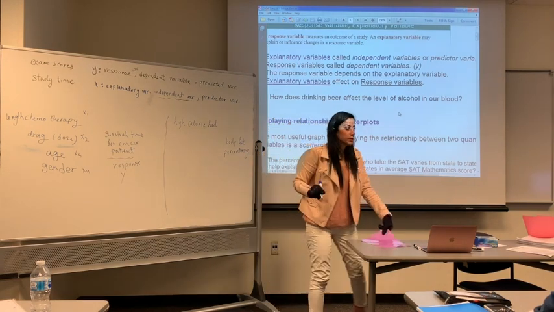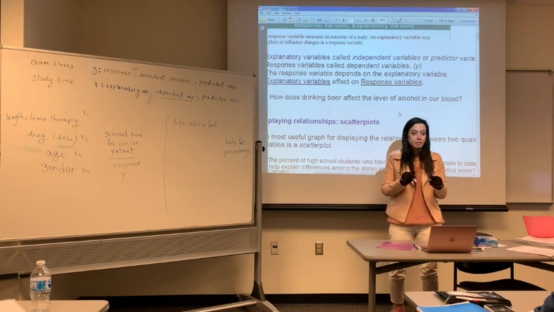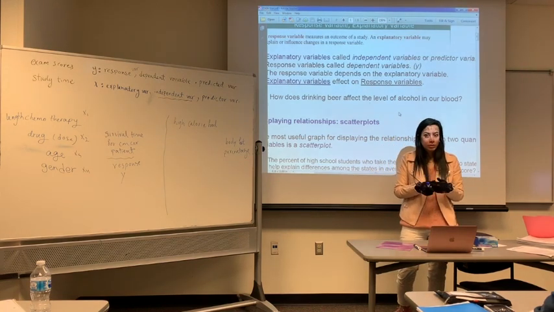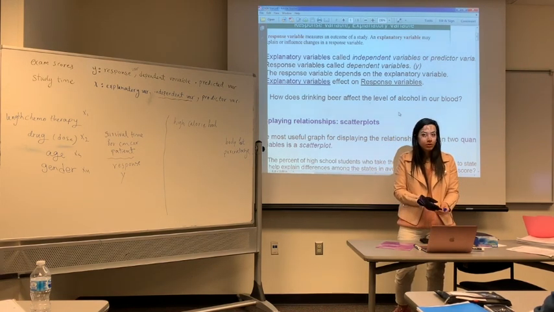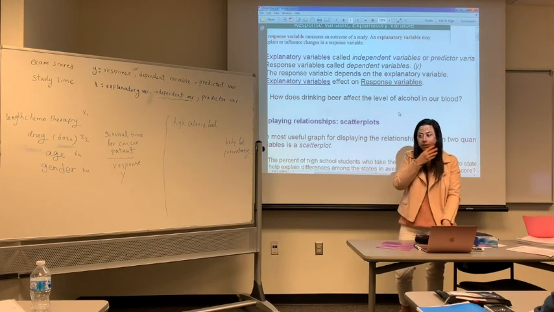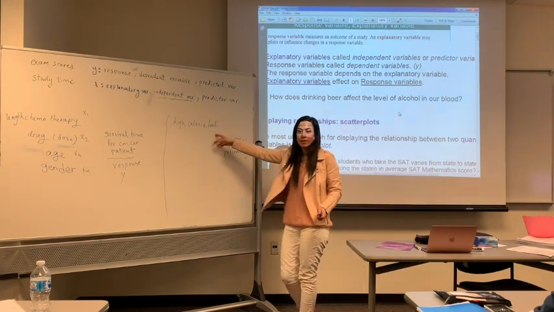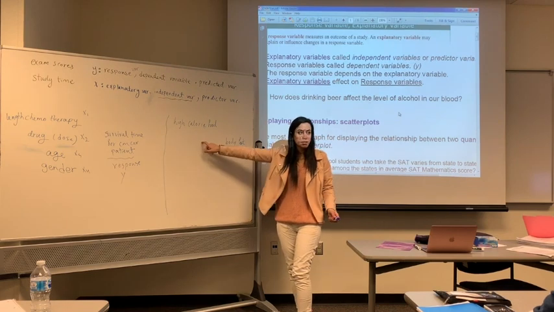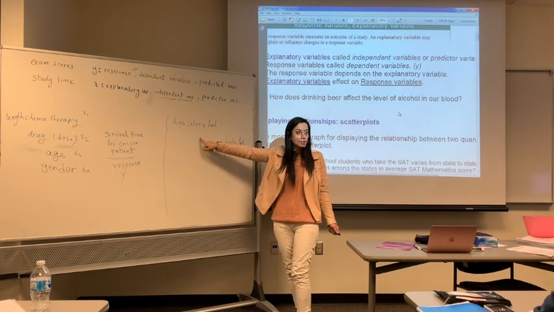So can you tell me which one has an effect on the other one? The high calorie food has an effect on the body fat. Correct? Yeah. Do you see that? So this one will have an effect on this one. So what is this one? What do we call this variable?